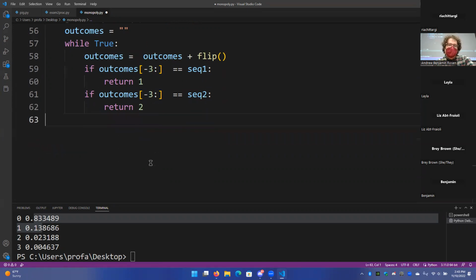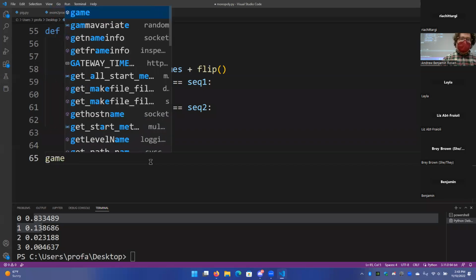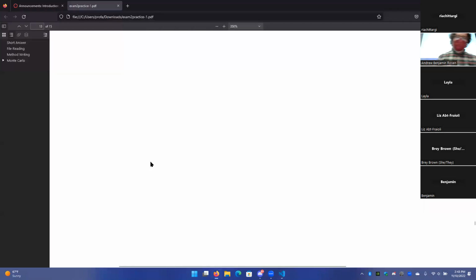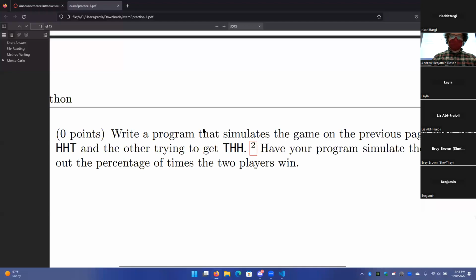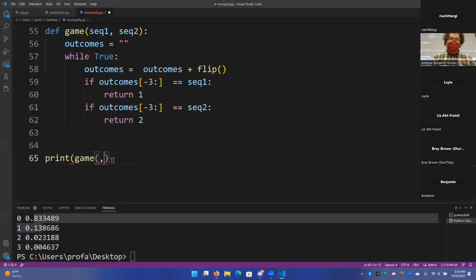Okay, so let's go ahead and simulate a game. Print, and we want to do our two sequences: head, head, tail, and tail, head, head.